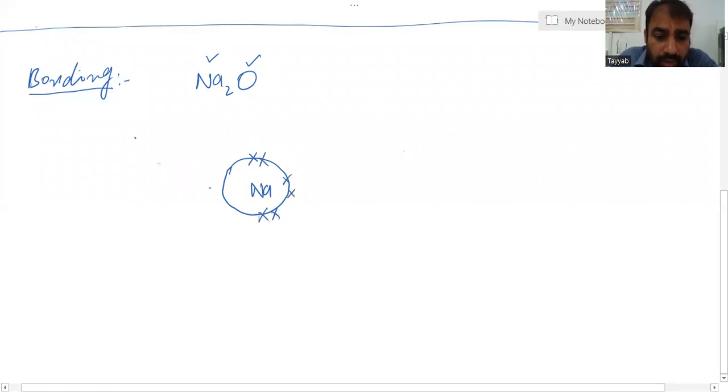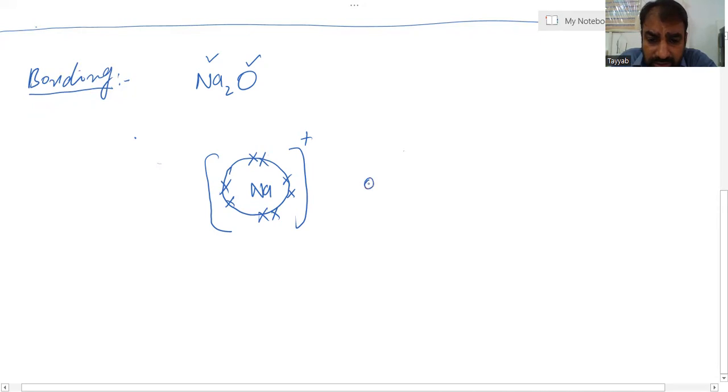So here one sodium atom. It is highly suggested: if one element has 2 atoms and one element has 1 atom in an ionic compound, draw it in this way, that the element which has 1 atom should be in the center.